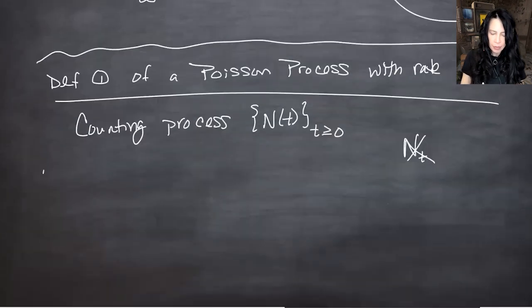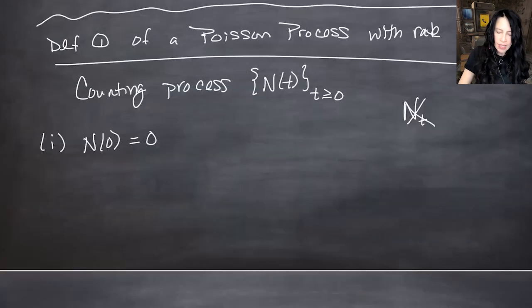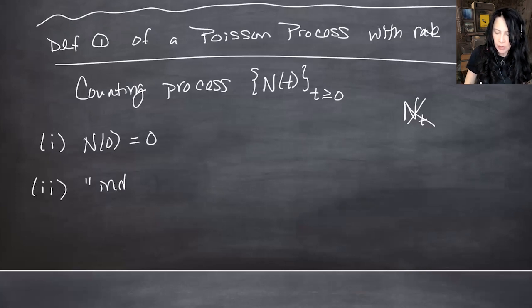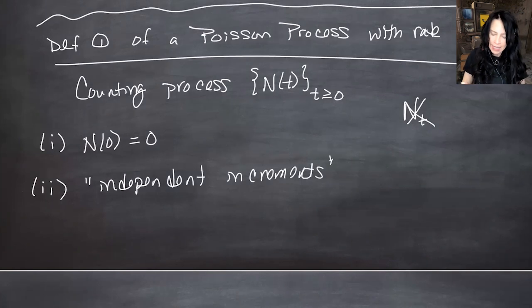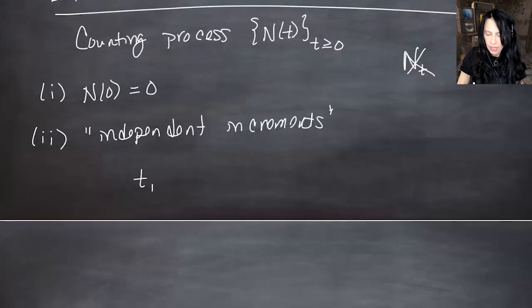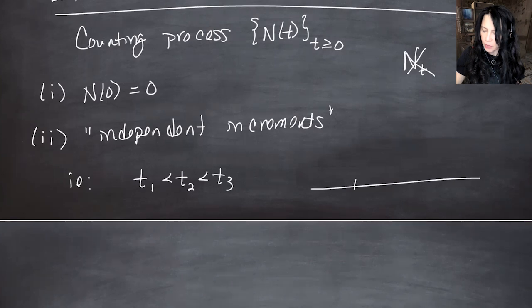And we have three properties to make it a Poisson process. One is that at time 0, we've counted 0 events. And I was saying last time that that's really a matter of convention and could be changed. The second thing is that we have these independent increments of the process. I defined this with a whole list of t's last time, but let's say you have t1 less than t2 less than t3. So you're looking at some time, t1, t2, t3.